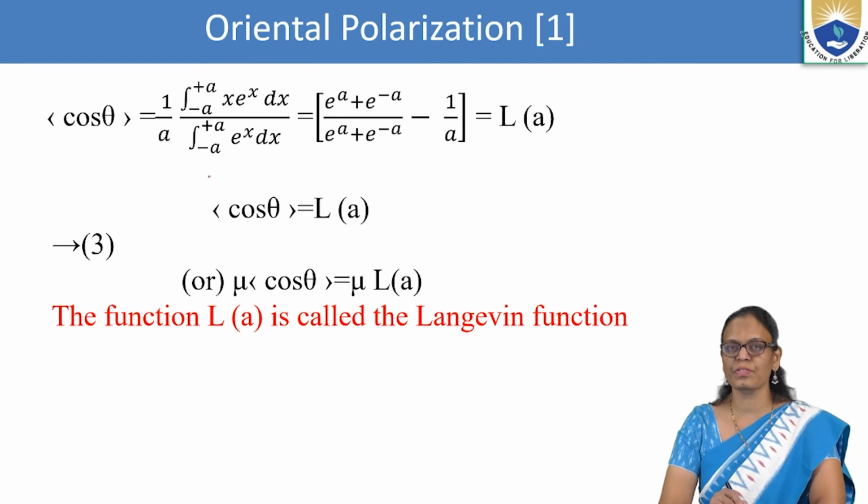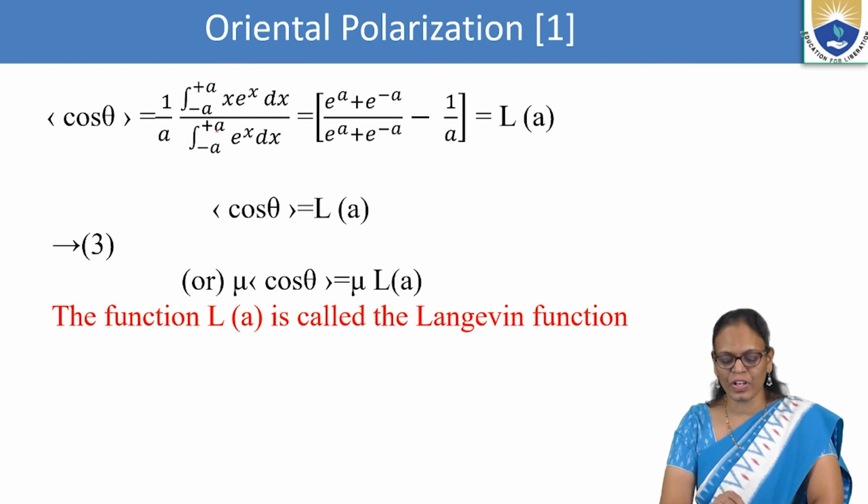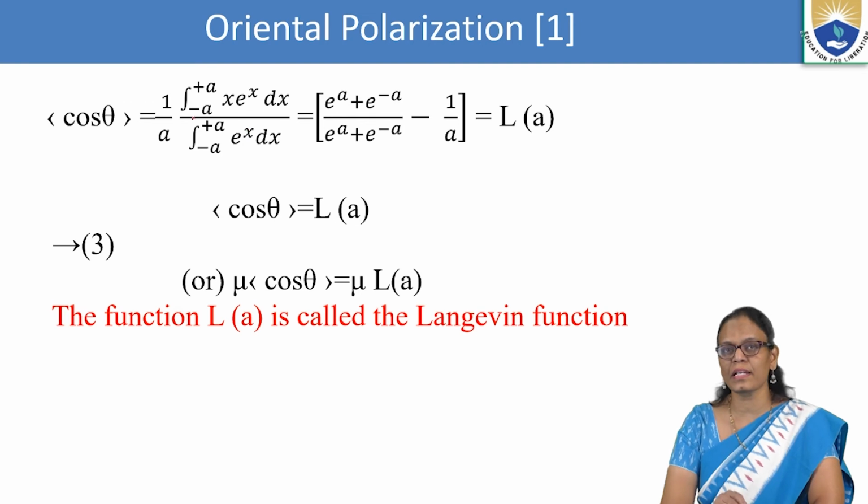So now we are going to just simplify. Because it is of the form x e power x dx by e power x dx, we can simply write it as (e power a plus e power minus a) by (e power a minus e power minus a) minus 1 by a, upon substituting the limits.